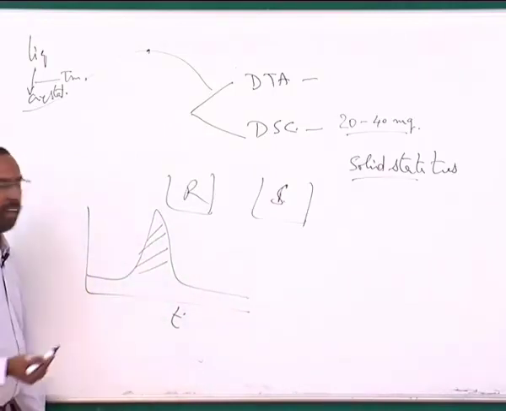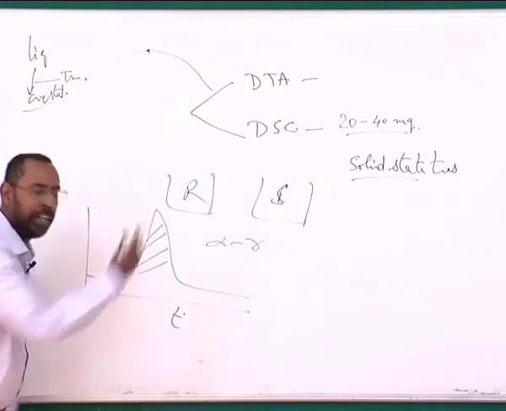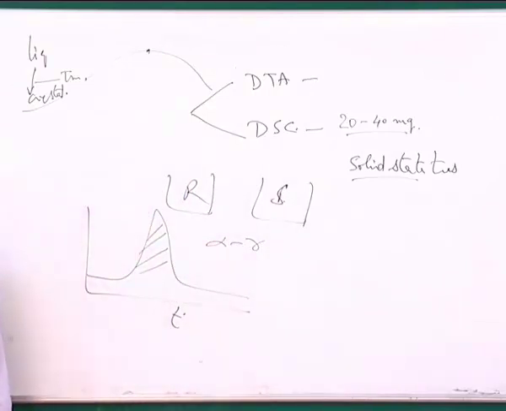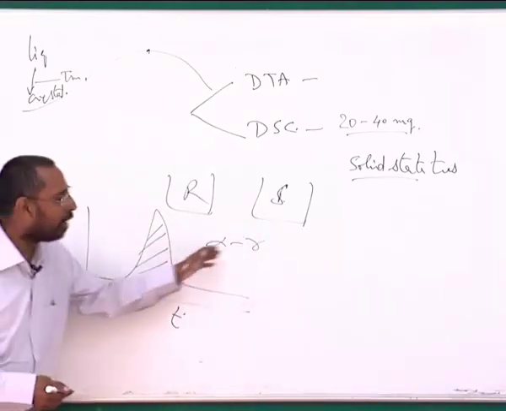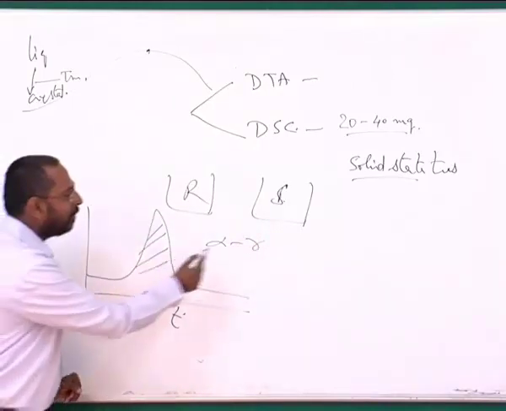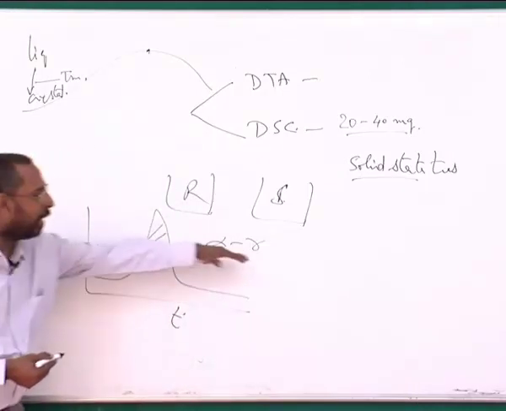Let's say I have the alpha to gamma transformation. I heat it to 910 degrees centigrade, hold it there and find out as a function of time how alpha changes to gamma. As alpha changes to gamma, an enthalpy is released or absorbed depending on which is higher.